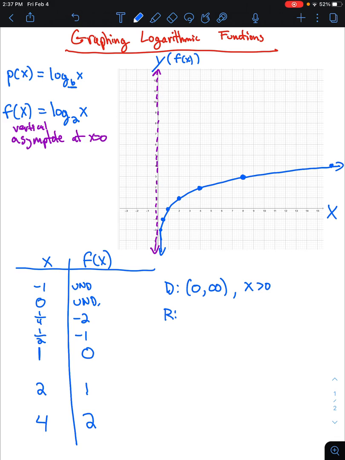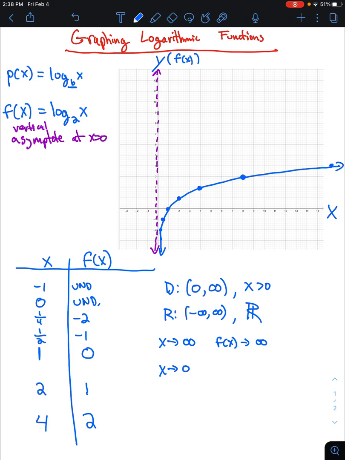Our range of this function is all real numbers, or -infinity to positive infinity. And we also can mention the end behavior. So as x gets increasingly large, we can put infinitely large values of x into this function. Our f of x, our output, also goes towards infinity.